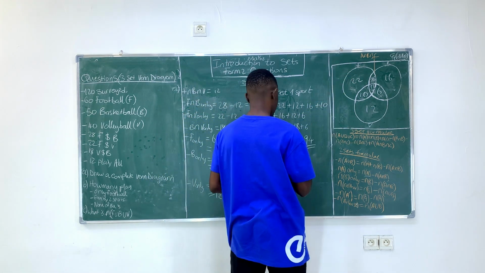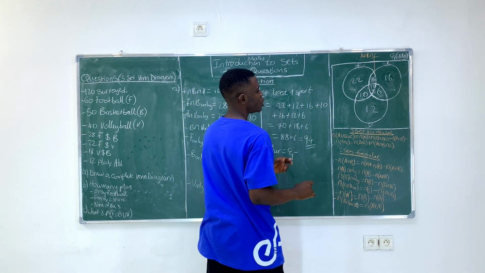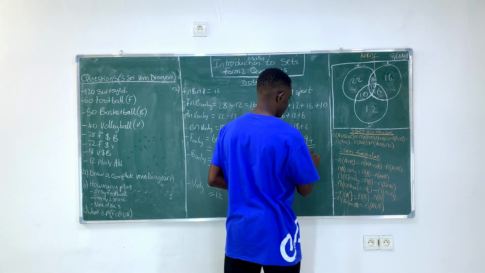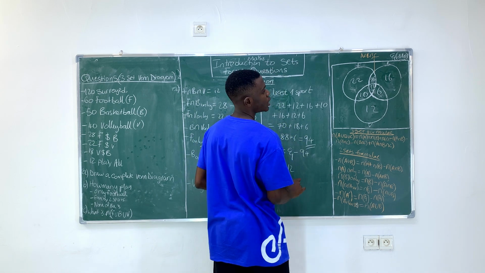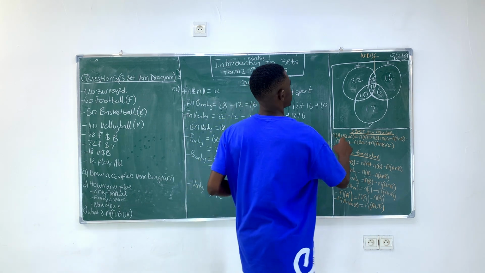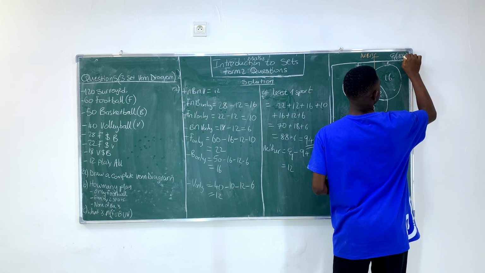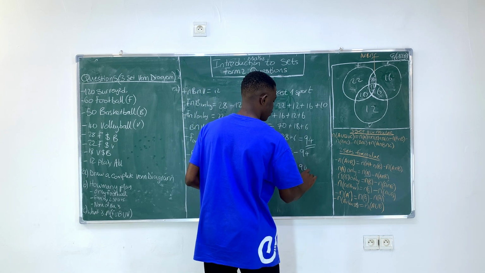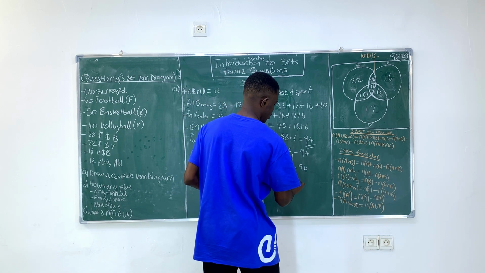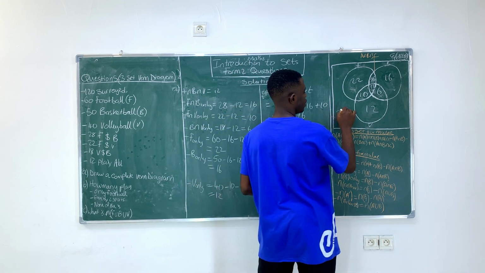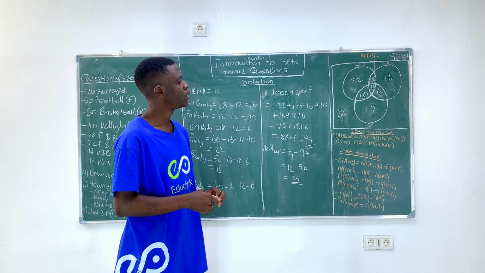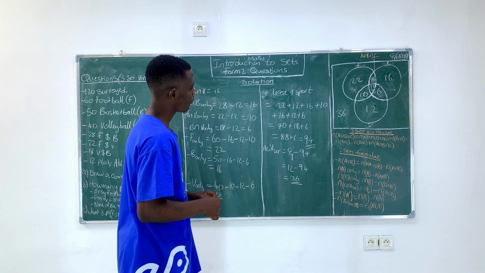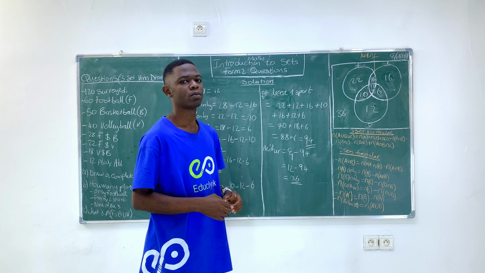So you take the total number of people that were surveyed, which is 130, minus the total number of people that do at least one sport, 94. That's going to be 36. So 36 people here do nothing, they don't do any sport.